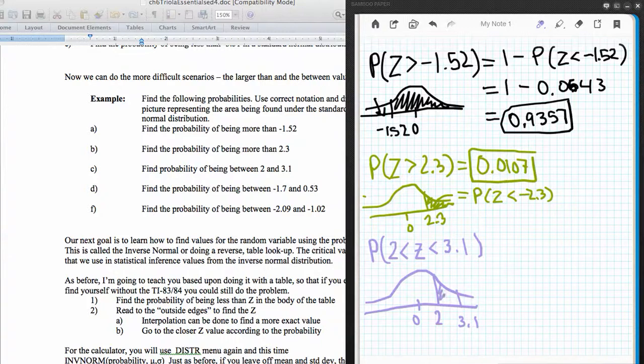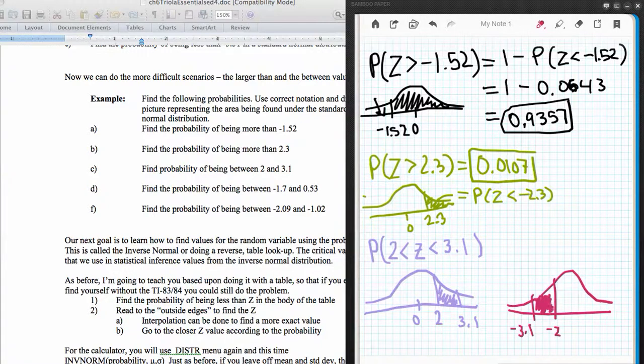This area in here is what I need. Because we're going to use a negative z-table, let's go ahead and put in the symmetric one so you can see what I'm thinking as far as symmetry. So here's negative 2 over here, right, because negative 2 is closer to here, so the symmetry would be closer here. And then negative 3.1 over here, there's your symmetry.